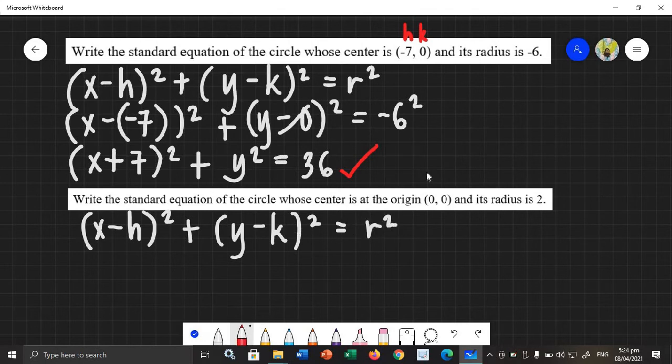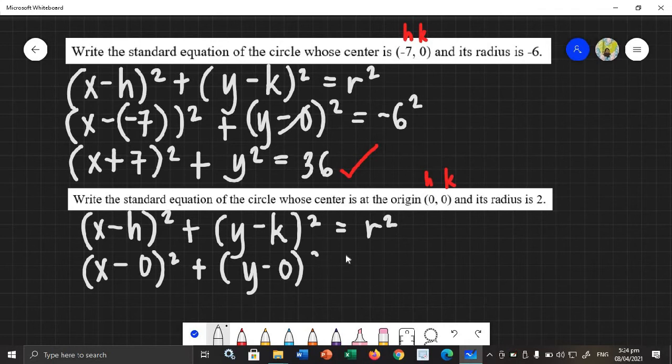Substitute natin yung value ni h, k, and r. So here we have quantity x minus 0 squared plus quantity y minus 0 squared equals, r natin is 2, so we have 2 squared.